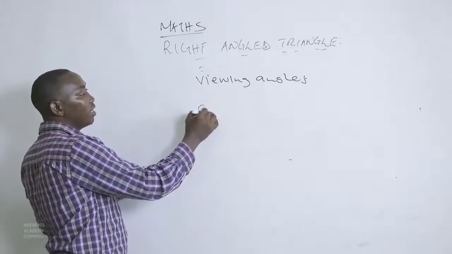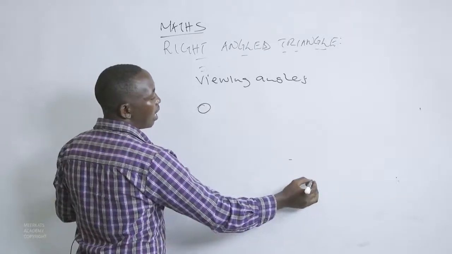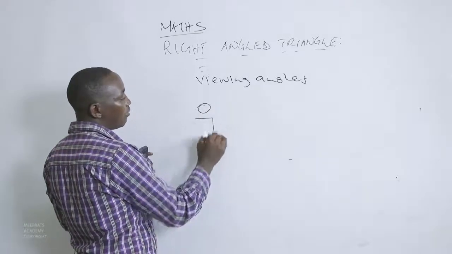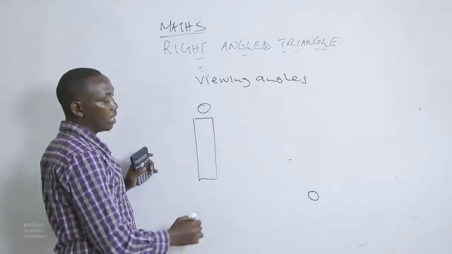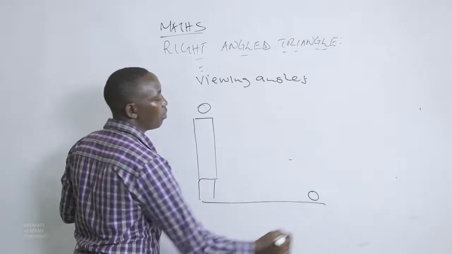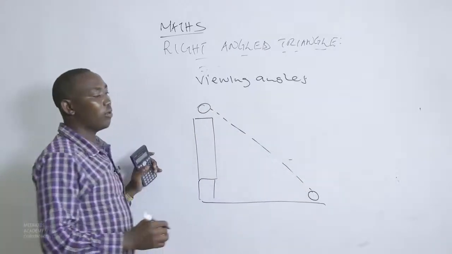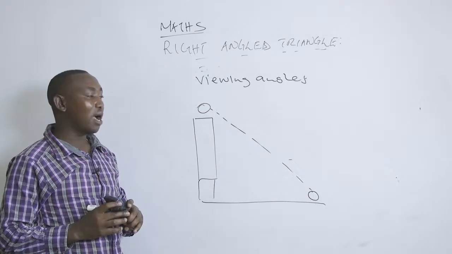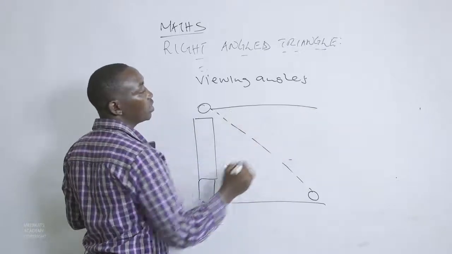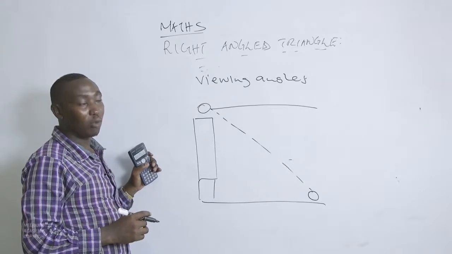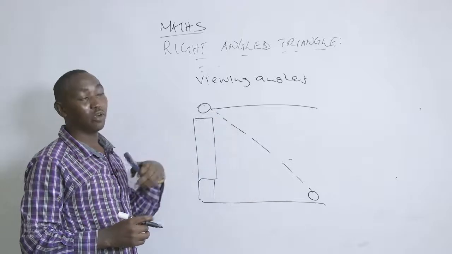If we have this particular point, and if you are on this particular tower, for example, and you want to observe an object that is beneath you or on the ground, then if those are your eyes, your eyes are going to make some particular angle with that particular object. And in this particular case, you must draw the normal to this particular point of view.